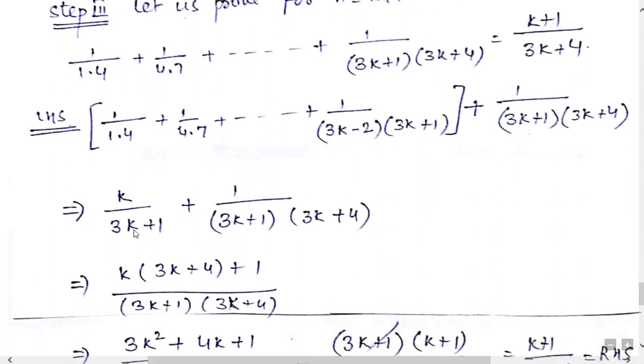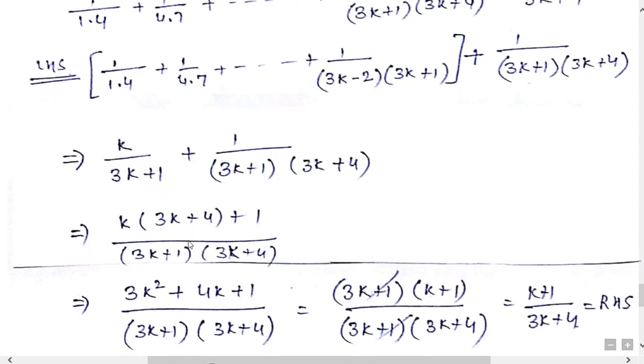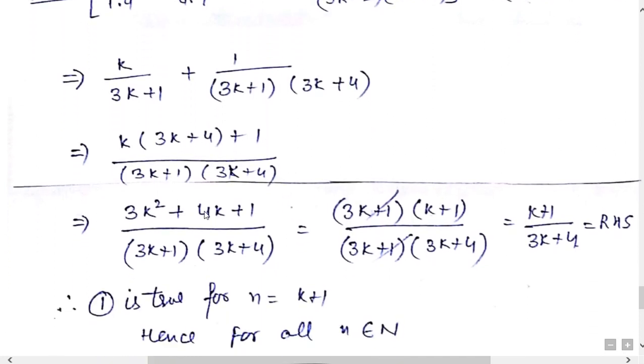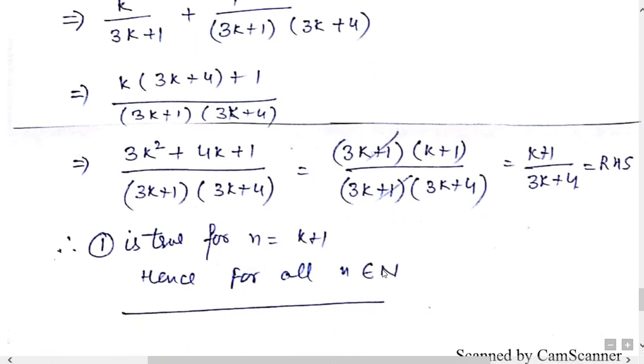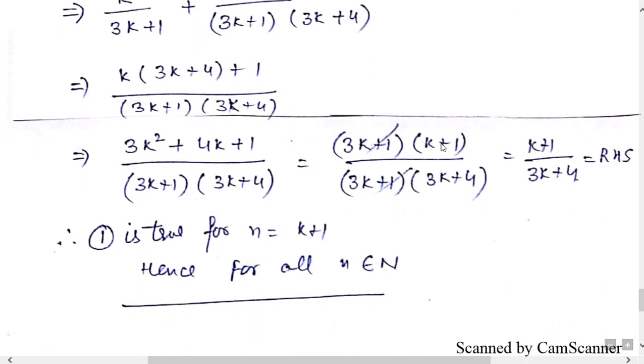And insert the value of the series. Then take LCM 3k plus 1 and 3k plus 4, k into 3k plus 4 plus 1. Then multiply the terms in the numerator. Then factorize in the numerator. 3k plus 1 into k plus 1. 3k plus 1 cancel. And the answer will be k plus 1 divided by 3k plus 4.